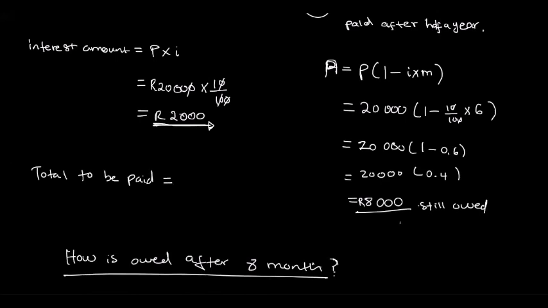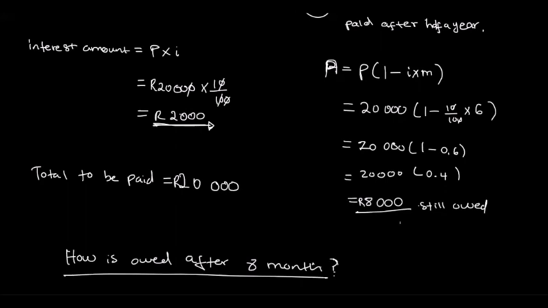Let's just say the total to be paid is 20,000 rand. It means if you have to pay 10% every month, you're paying 2,000 rand each month.